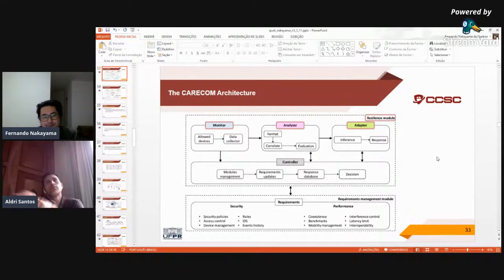Here's my BIT. This is similar to, or has the same function as, monitor and analyze together. This part is similar to control. And we have some requirements. I use part of my requirements in this case. BIT is used for security and access control, but not considering mobility or whatever.